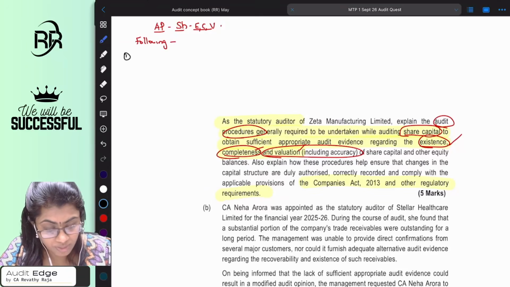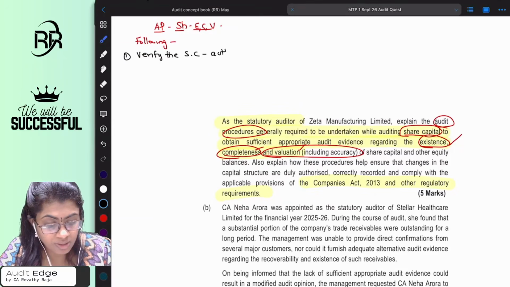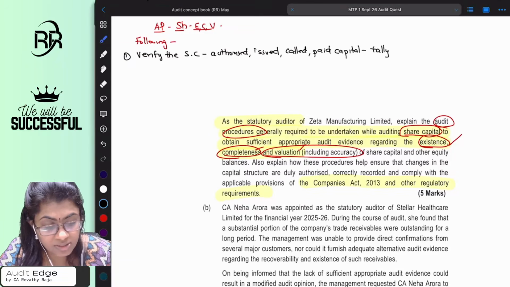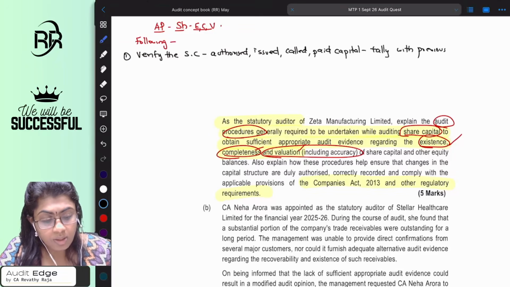First, the auditor should verify the share capital such as authorized capital, then issued capital, called up and paid up capital, and he has to tally the current year with the previous year.